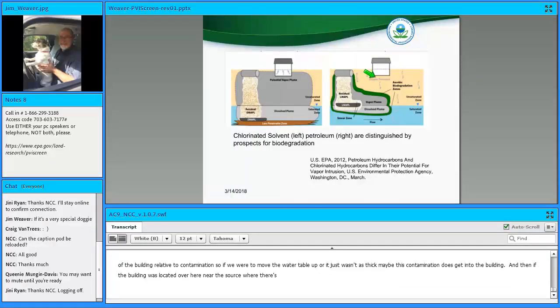And so those are two visual factors that you can see on this schematic. But then there are others also, because it may depend on the moisture content, or it may depend on the porosity, things that we don't really see on this schematic. But there are a number of factors that are interacting here to determine if these vapors can actually get into this building.